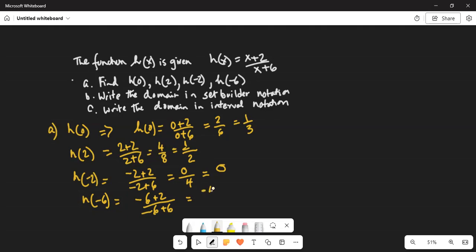So the answer is minus 4 in the numerator, and 6 minus 6 is 0. Now any fraction divided by 0 is undefined. So that's your answer for the value of the function h when x is minus 6.